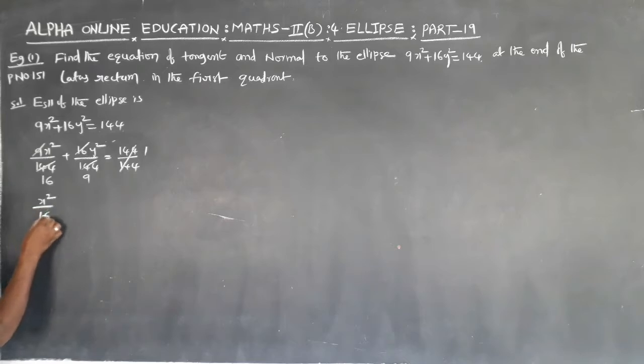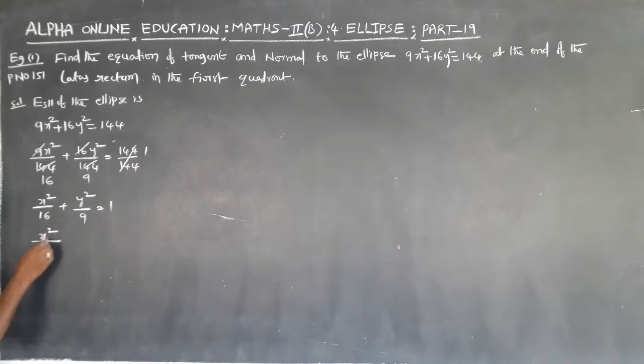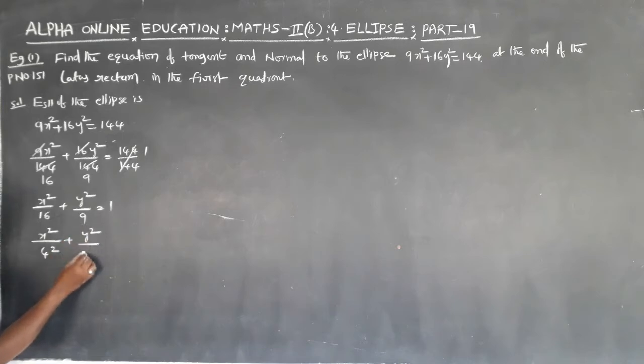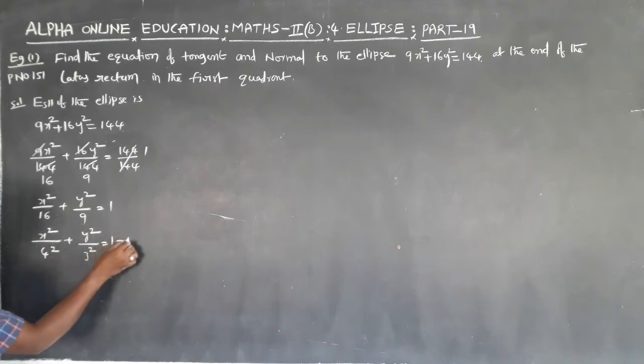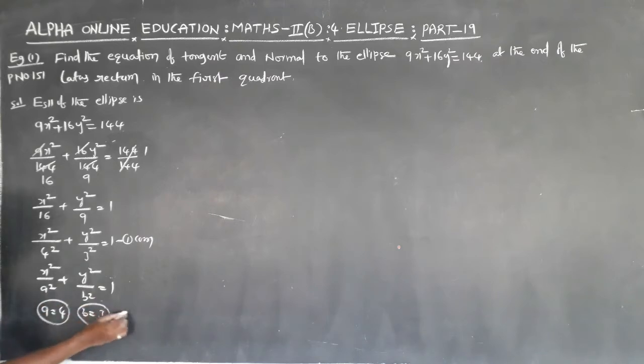So x square by 16 plus y square by 9 equal to 1. X square by 4 square plus y square by 3 square. Comparing with the general form, x square by a square plus y square by b square equal to 1, here a is equal to 4, b is equal to 3.